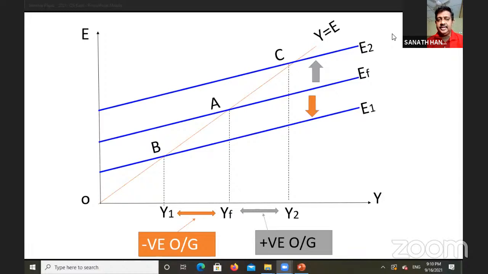According to the above diagram, output gap is zero. If the economy is at point A.